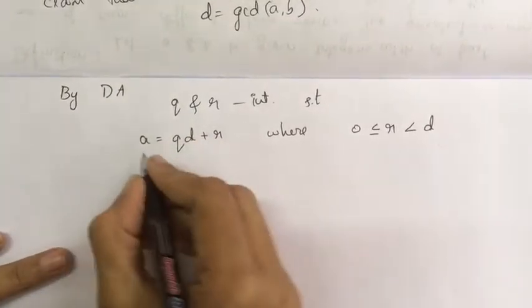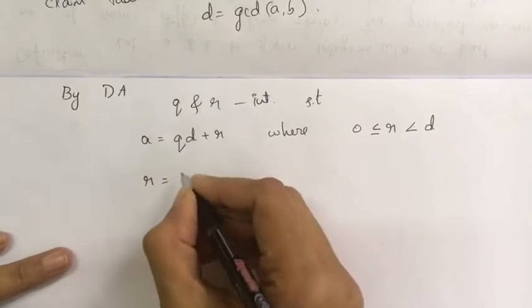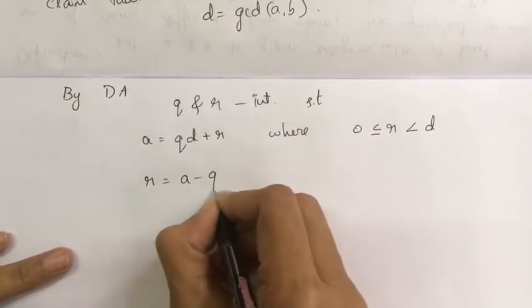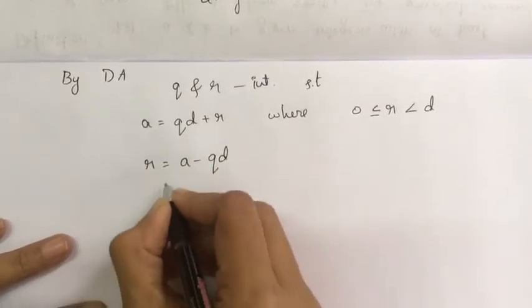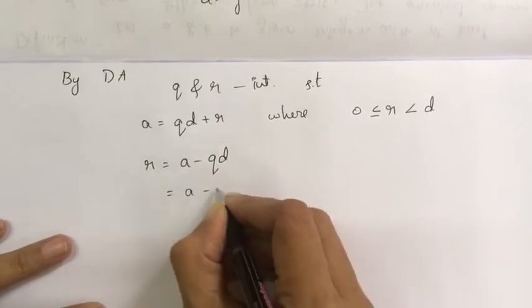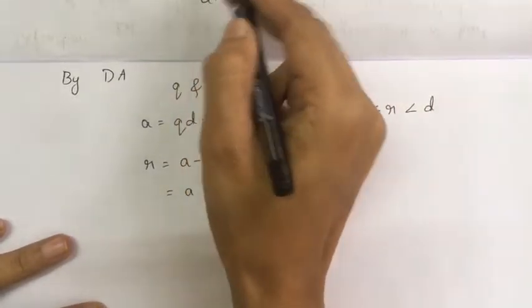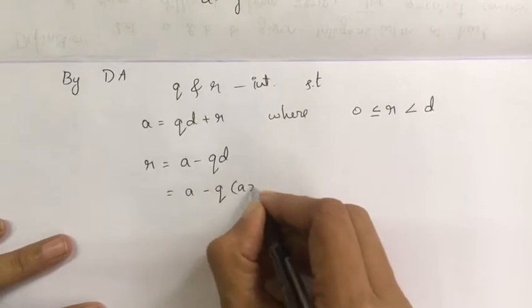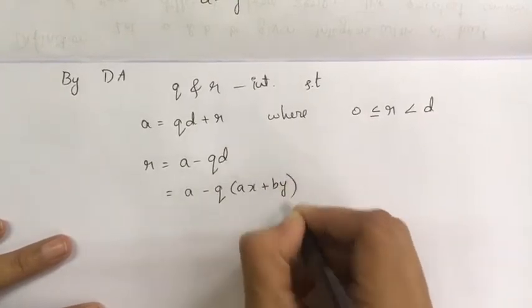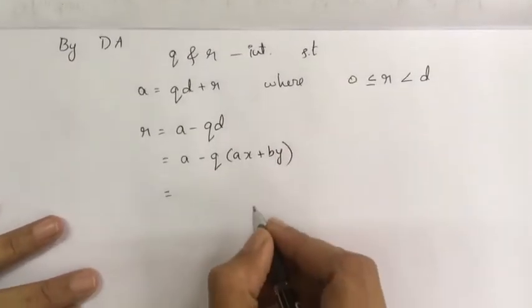Now I can rewrite R as A minus QD. What is D? D is nothing but AX plus BY. Write it like this. I'll rearrange this.